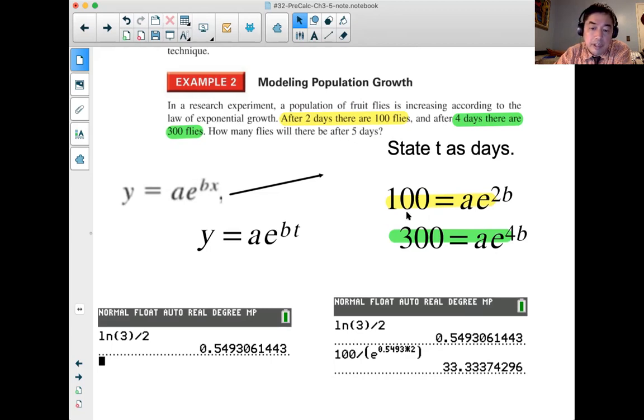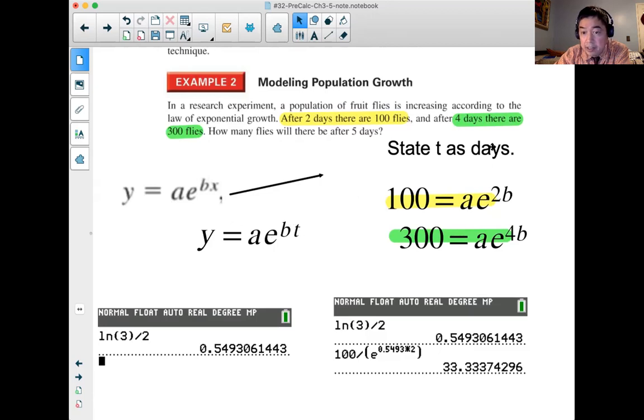So this is what I came up with. You plug in y, and y is the number of flies, right? And this is the exponential population growth model. A is not the variable. Suppose we have to solve for A and B. They give you T. I'm sorry, it says X, but I changed it to T. T might be easier.